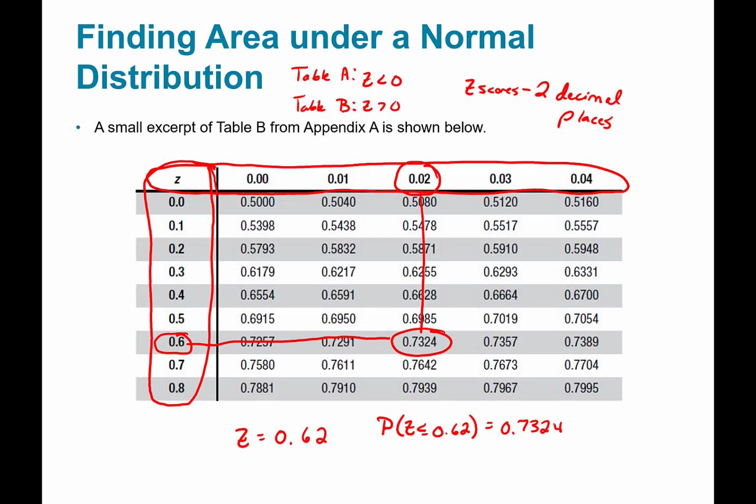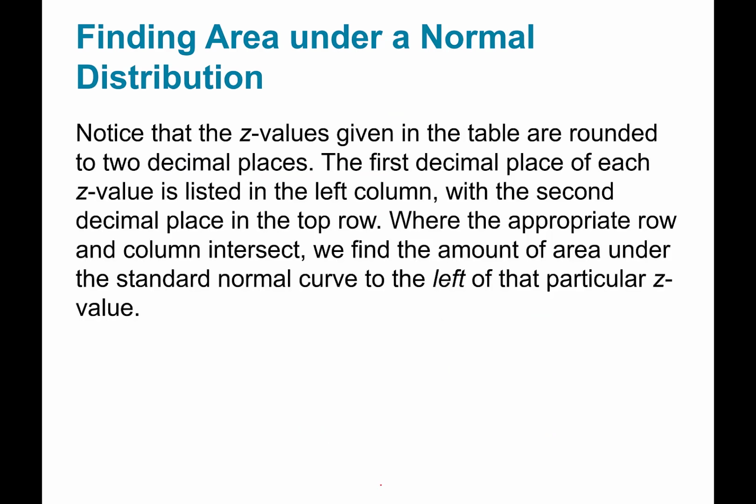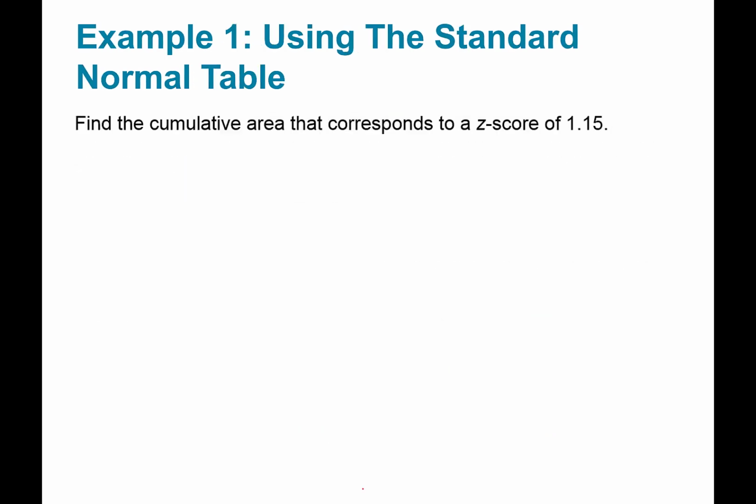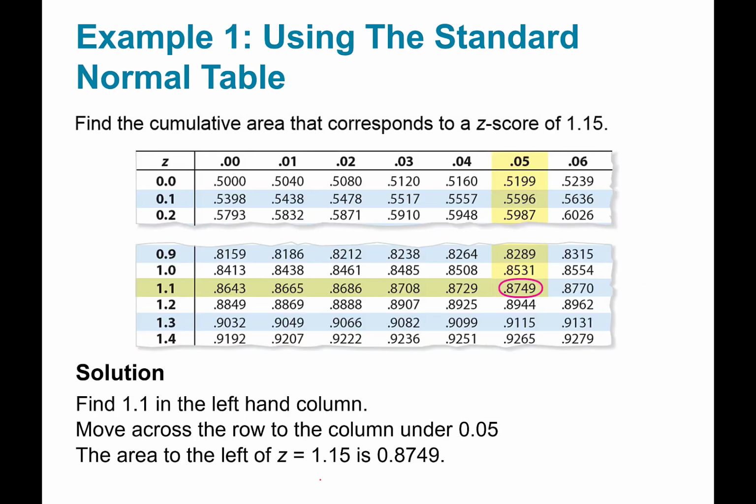So let's look at another example. Let's find the cumulative area corresponding to a z-score of 1.15. Same idea. We're going to go down to 1.1, and then go across the top to 0.05, and find where that row and column meet.